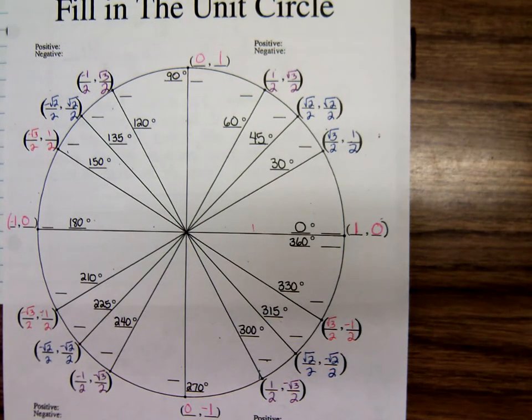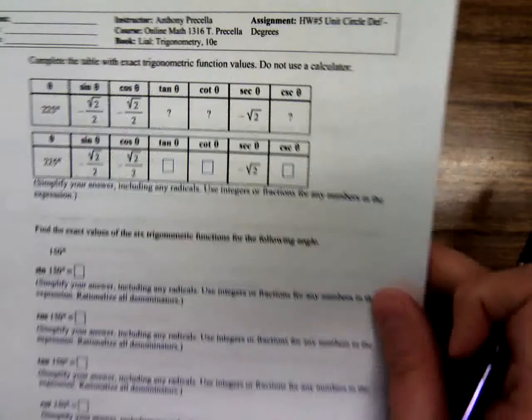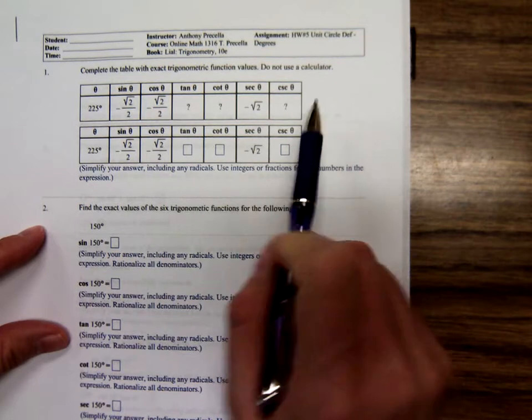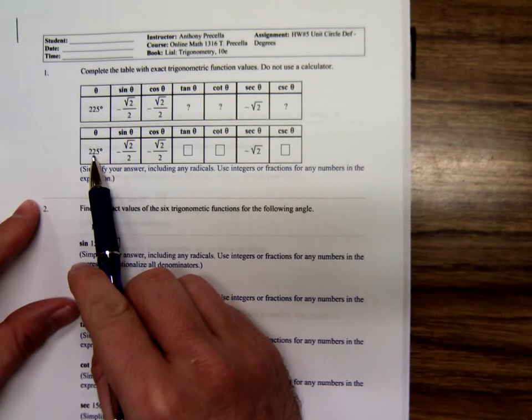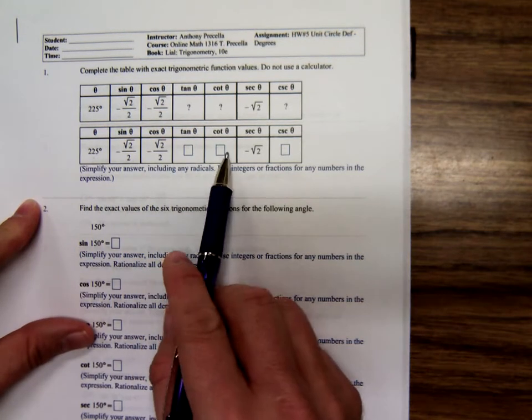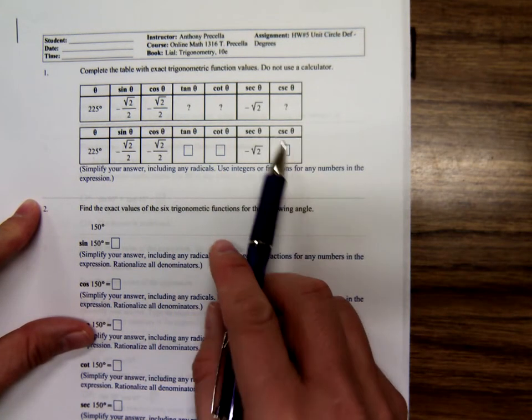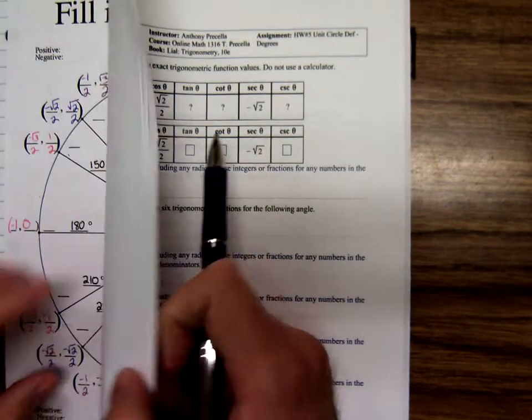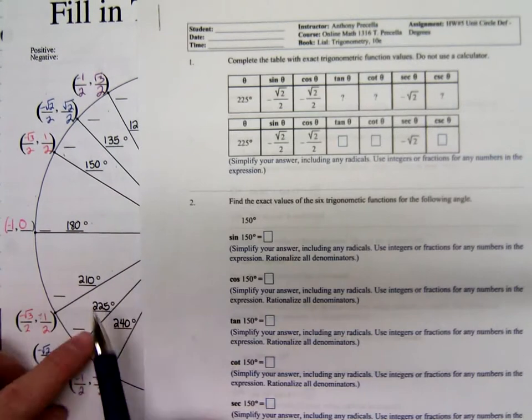easy. Going to problem number 1, this is our table, and you're given 225 degrees, and we're trying to fill in these boxes here. Some of these are already filled in. They're telling you, here's 225 degrees right there.